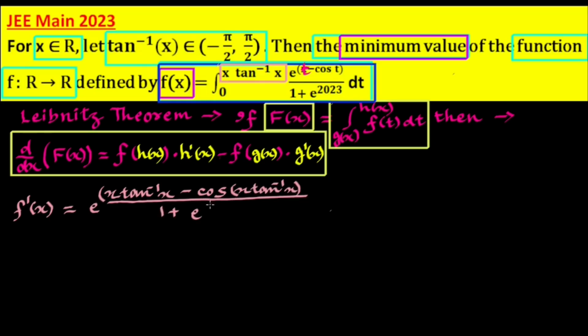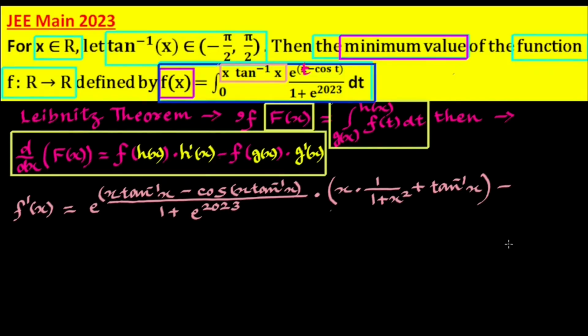again upon 1 plus e power 2023 as it is multiplied by h dash x, which in this case will be the derivative of the higher limit x tan inverse x. That will be, by product rule, first function x into derivative of tan inverse x, 1 upon 1 plus x square, plus second function tan inverse x into derivative of x, 1, minus f(g(x)).